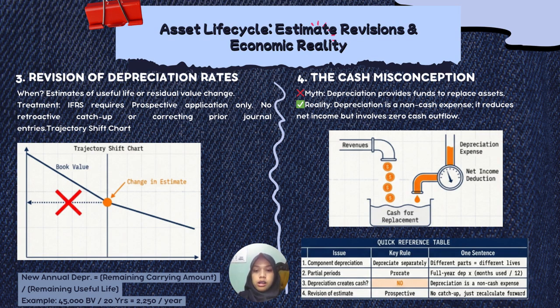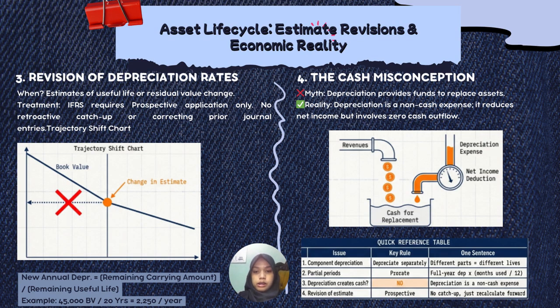This means companies do not correct past records, but only recalculate depreciation for future periods. The new depreciation formula is remaining carrying amount divided by remaining useful life. For example, 45,000 divided by 20 years equals 2,250 per year.